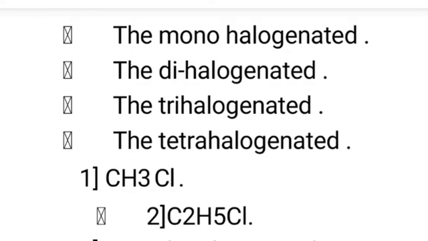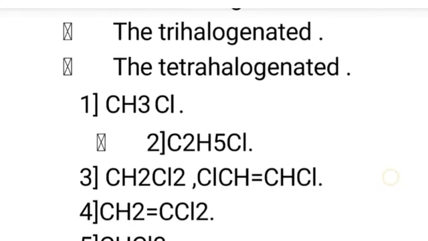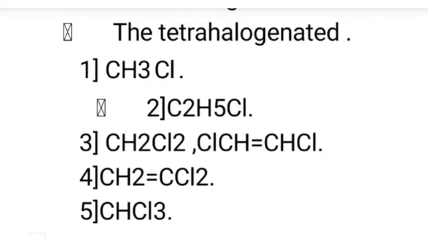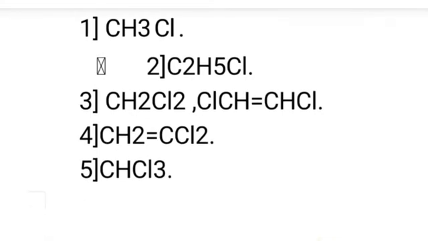So mono means presence of a single halogen, di means presence of two halogens, tri means presence of three halogens, and tetra means presence of four halogens. Okay. So we can see what is monohalogen here. The example is CH3Cl. So here CH3 is the alkyl group, whereas chlorine is the halogen group. So that is the monohalogenated group.